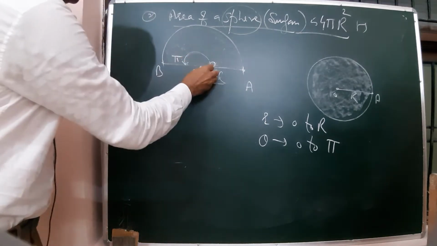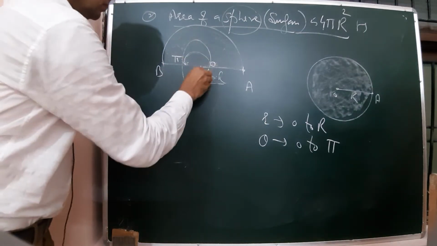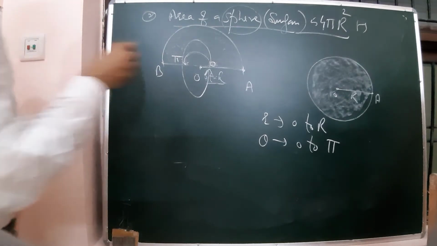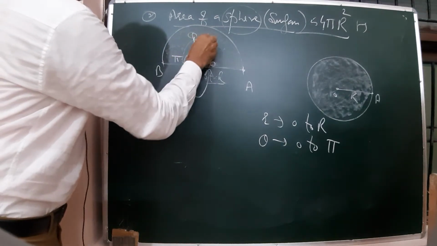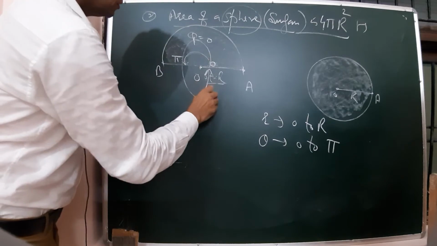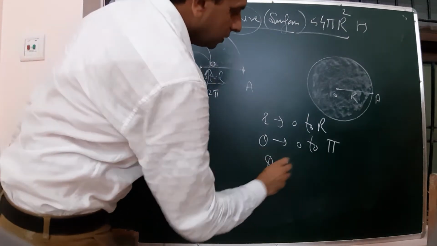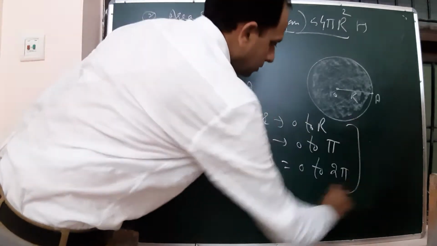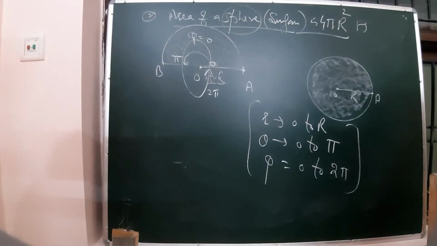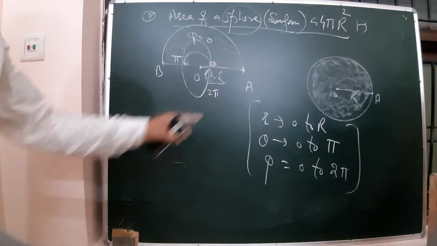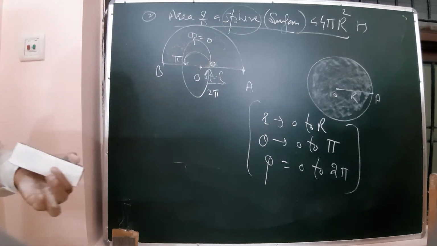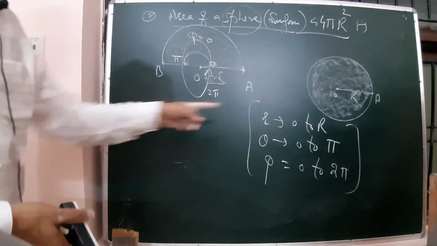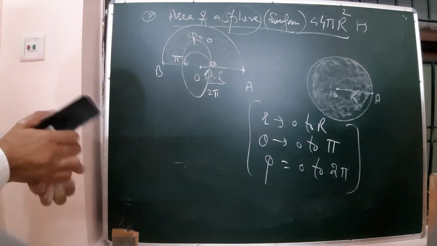So this one is a variation of phi. So phi is varying from 0 to ultimately 2 pi. So this phi is 0 to 2 pi. So these are the limits for r, theta and phi to draw a sphere. So we will use these limits in case of sphere.